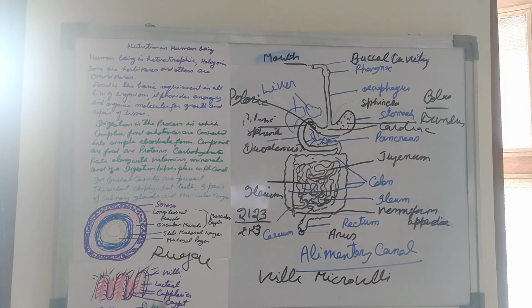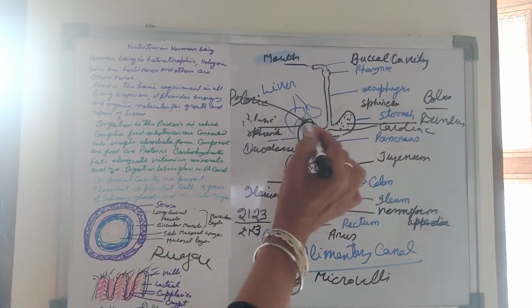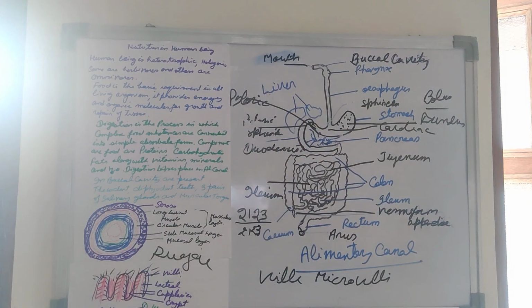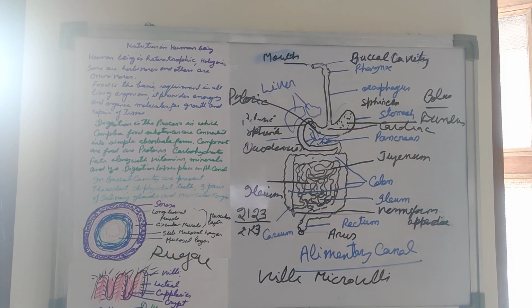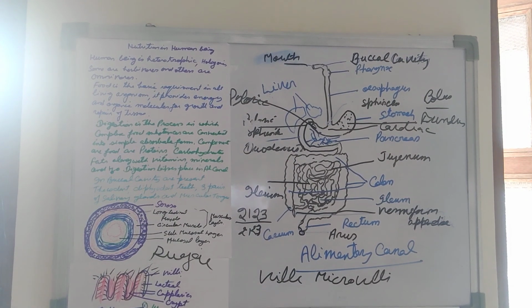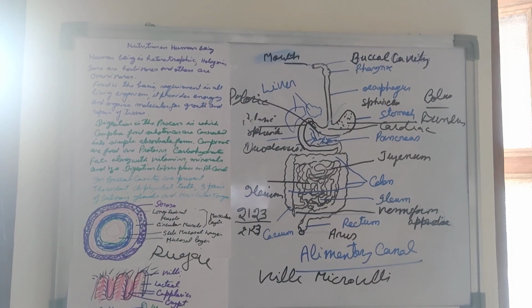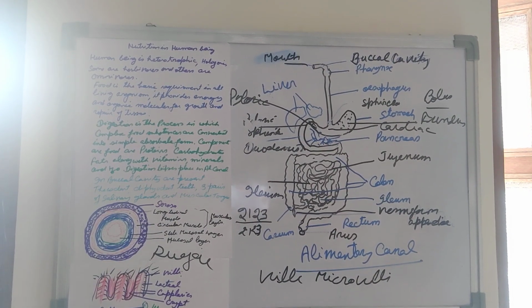Then in the C-shaped or U-shaped structure of the duodenum, in this area is another gland called the pancreas. The pancreas releases enzymes. It is endocrine as well as exocrine.